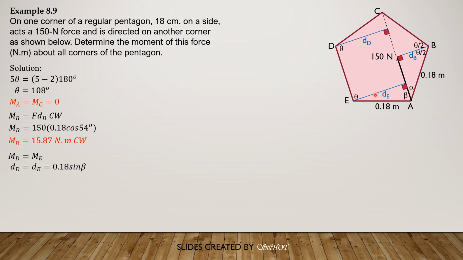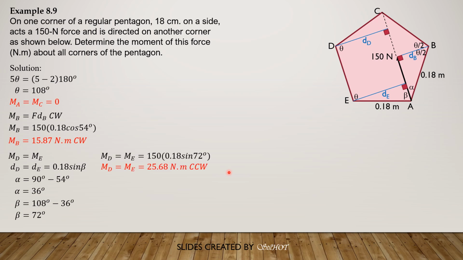So distance D equals distance E equals 0.18 sine of beta, because it is opposite of beta. So alpha is 90 minus 54, so it is equal to 36, while beta is interior angle theta, 108 minus alpha, 36. So beta is equal to 72. So moment about D equals moment about E equals force 150 times 0.18 sine of beta, and beta is 72. So moment D equals moment E equals 25.68 Newton meter counterclockwise.